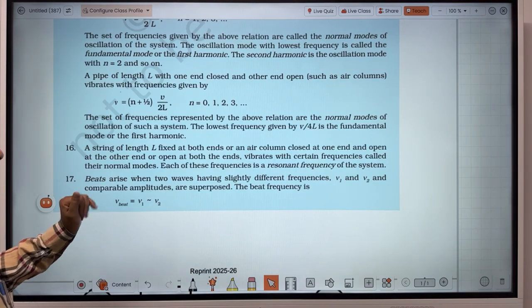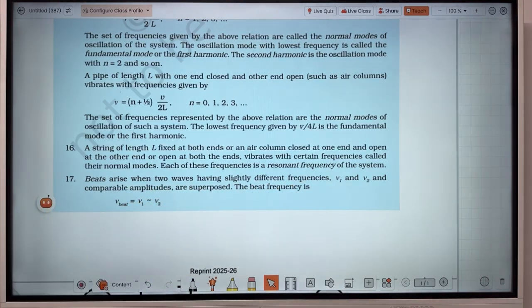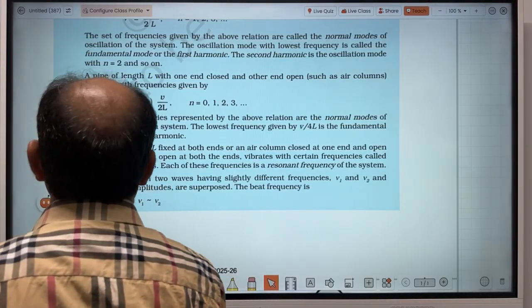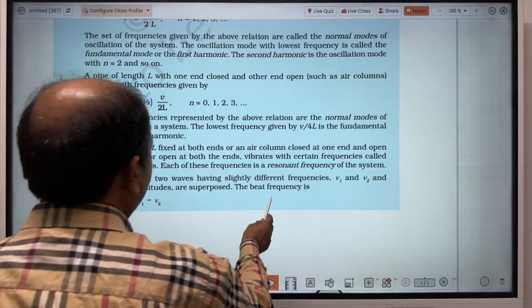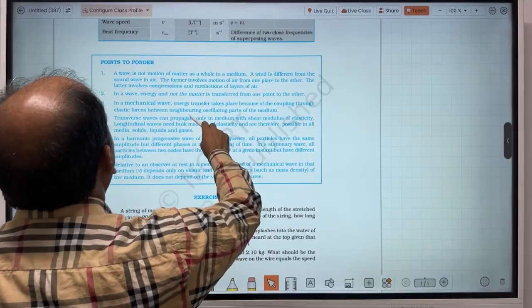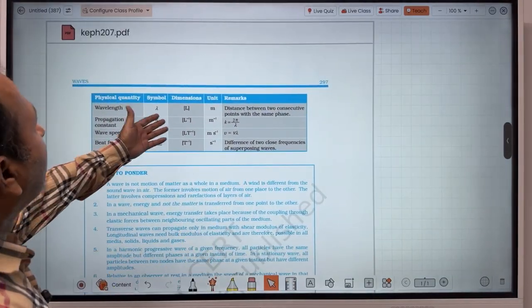Now, the last one is beats. Beats arise when two waves having slightly different frequencies, say nu1 and nu2, and comparable amplitudes are superposed. The beat frequency is given by nu beat equal to nu1 minus nu2. Now, here some more points are given.